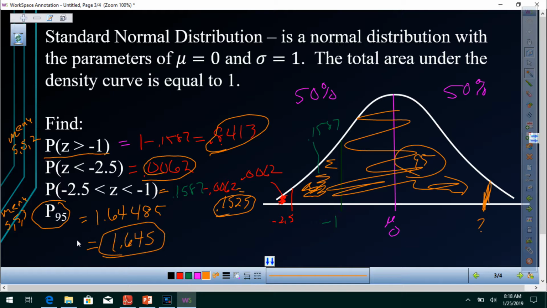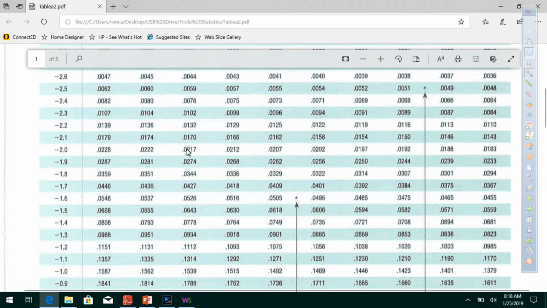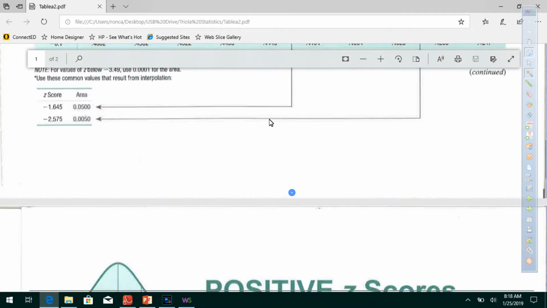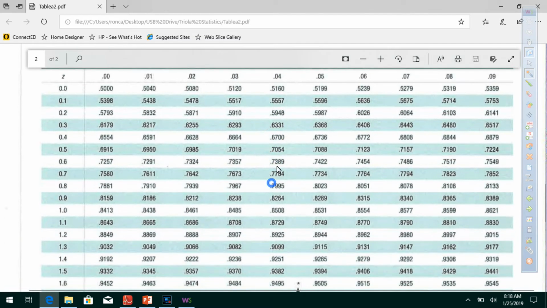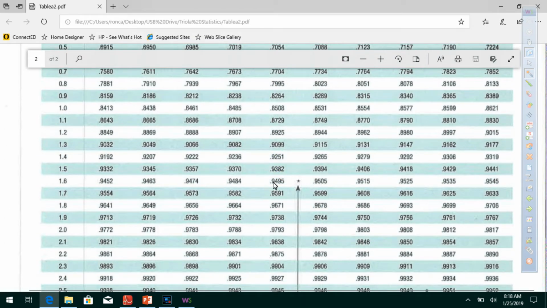We'll just look on the table. We're going to have to go down to the other page here, and we're going to look for 0.95, and you can see it's halfway between these two right here. So that's why they would say 1.645.